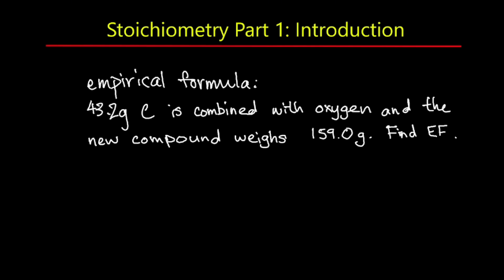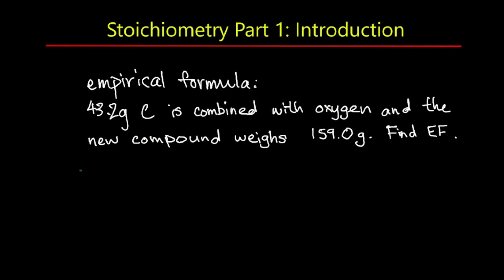43.2 grams of carbon is combined with oxygen, and the new compound weighs 159.0 grams. Find the empirical formula of the new compound. The first step in solving this question is to find the mass of each element.